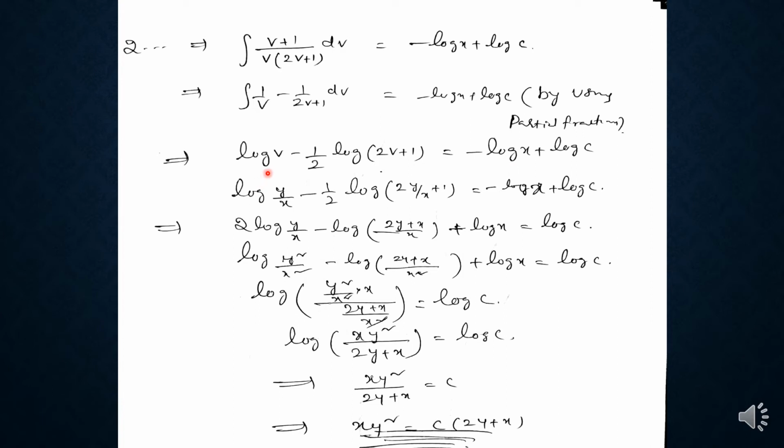By substituting v is equal to y by x here, log y by x minus 1 by 2 log of 2y by x plus 1 is equal to minus log x plus c.